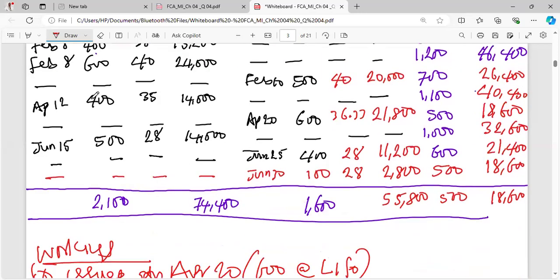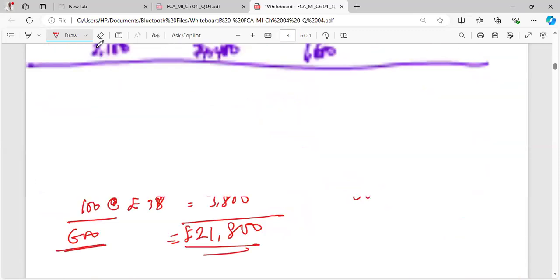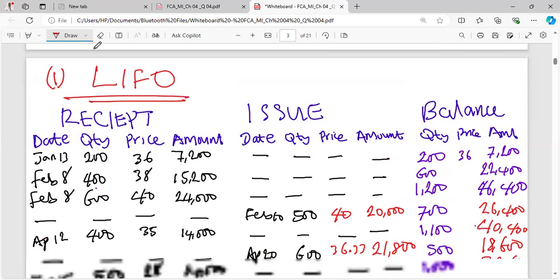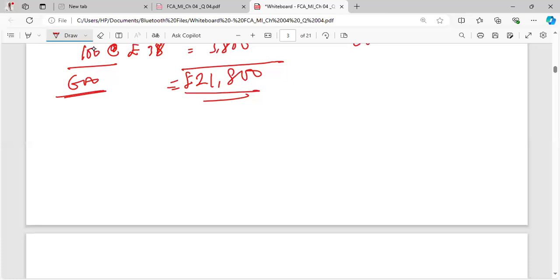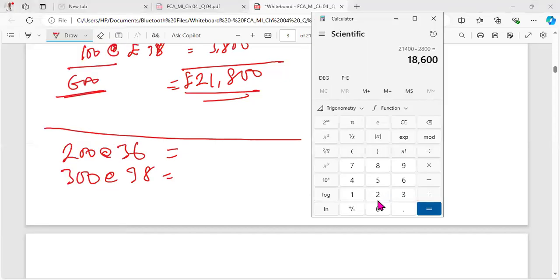So let's see if we can derive that figure, 200 and 300. So 200 at 36, 300 at 38. Let's see. 200 times 36, that's 7,200.